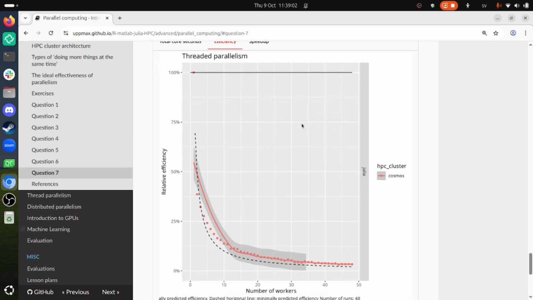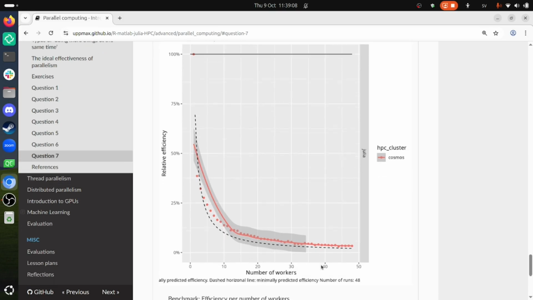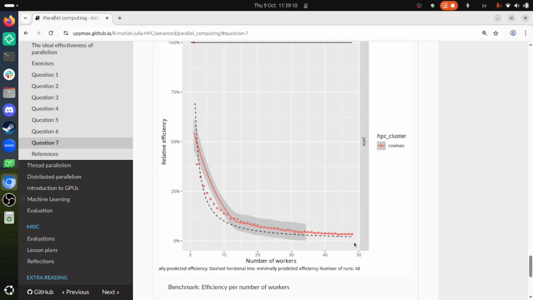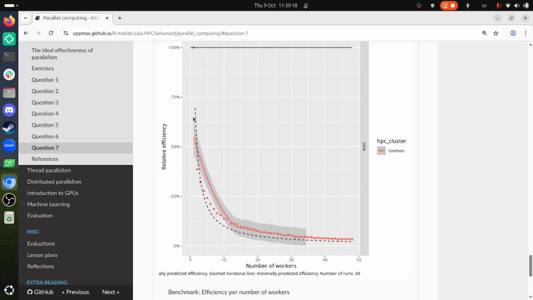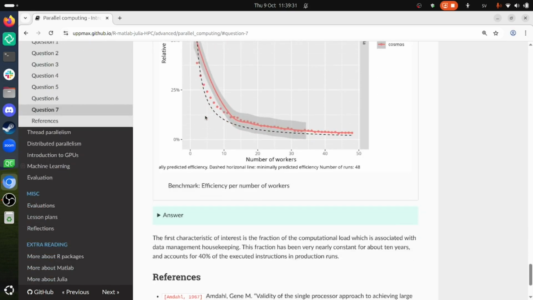Also, if you look at the efficiency of the job, it drops down very quickly. And this dashed line is the minimally predicted efficiency. This dashed line means when you have access to multiple cores, but you still are only using one, when you still are using single threaded code. And that is the problem here.